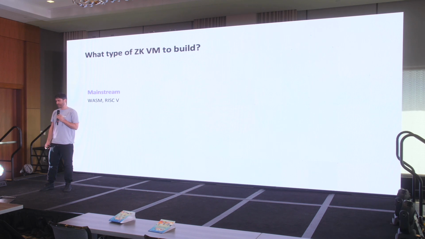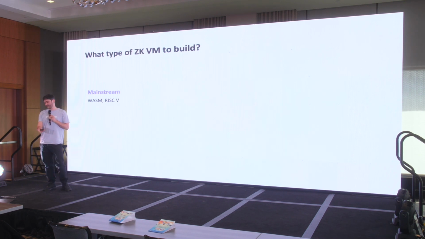And so if you decide to build a ZK-VM because you want this ease of use, then you can decide how you build it and which instruction set you target. Even if you're not technical, you might have heard of RISC-0, and they target the RISC-V architecture, which is a well-known architecture, so it's easier for people to use it.